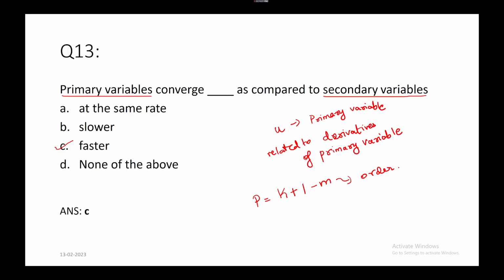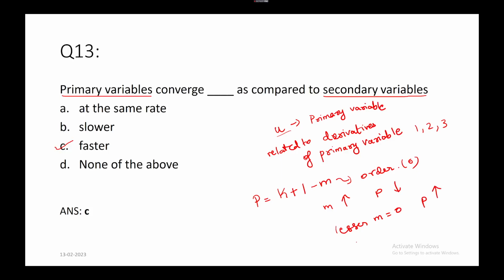For primary variables the order is 0. For derivatives the order could be 1, 2, 3: if it is a simple derivative then it's first order, if it is a double derivative then it's second order. So as your m increases your p decreases, which means primary variables have lesser m, equal to 0, so they converge faster.